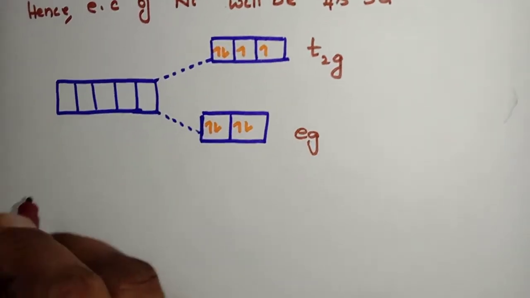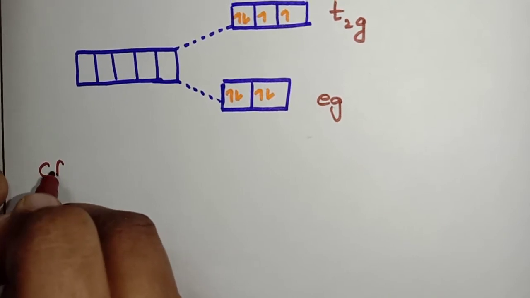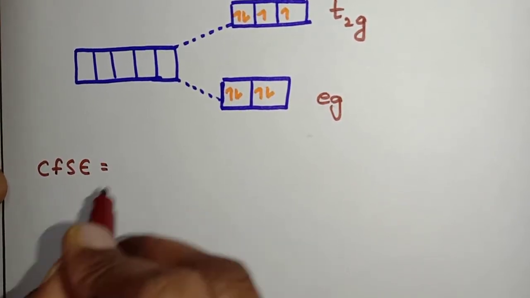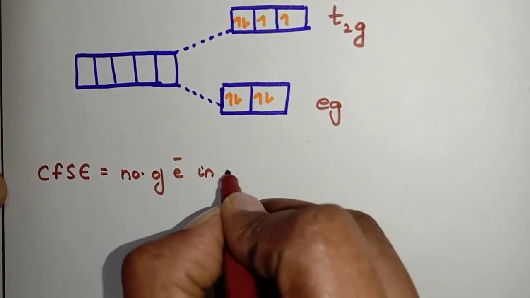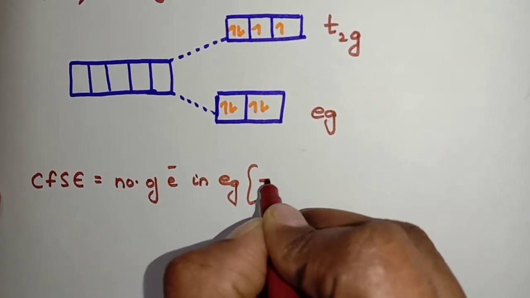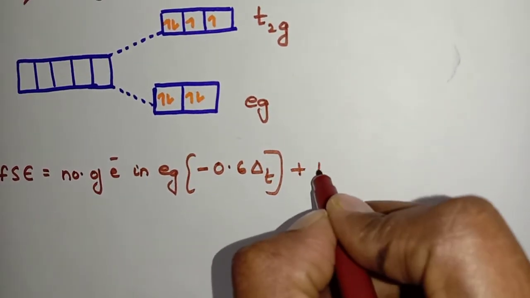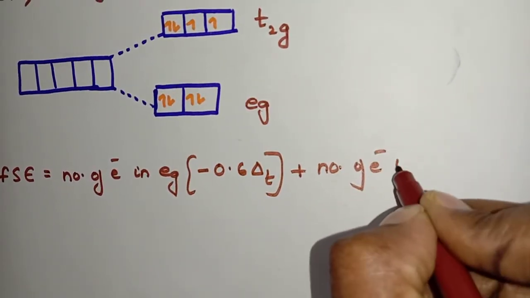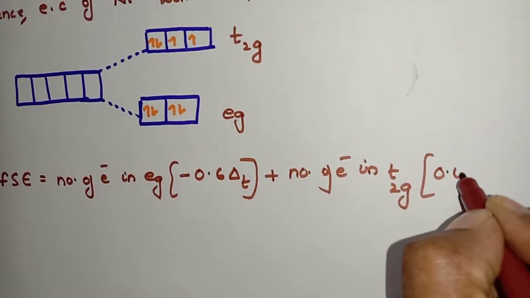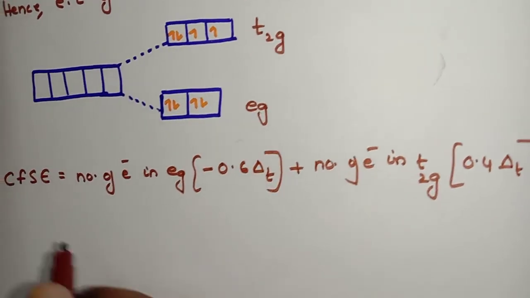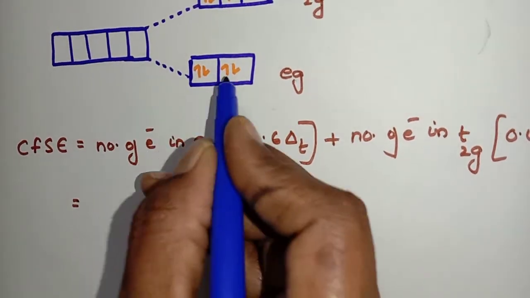So there is a formula for the calculation of CFSE. Write down, CFSE is equal to number of electrons in Eg multiplied by minus 0.6 delta T plus number of electrons in T2g multiplied by 0.4 delta T. So number of electrons in Eg orbitals, how many, students? 1, 2, 3, 4.